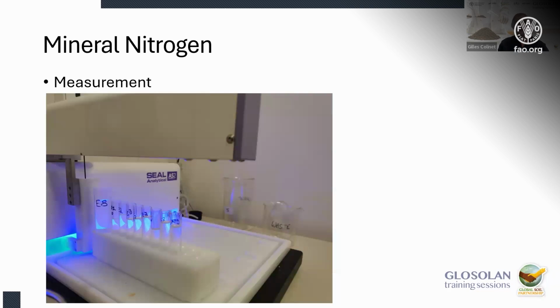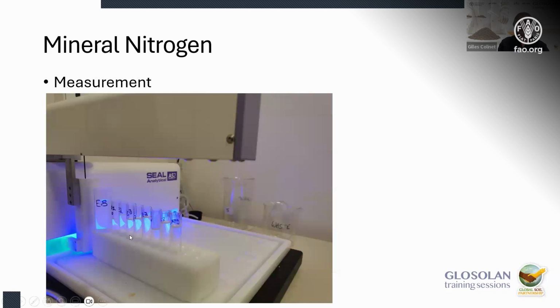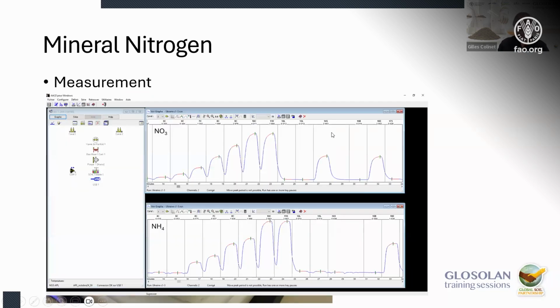Regarding measurement, as it is automated, we have a device to take up the solution automatically in the small tubes. And after there is a computer that follows the evolution of the samples, and we have a graph that allows us to have a look at the progress of the analysis.